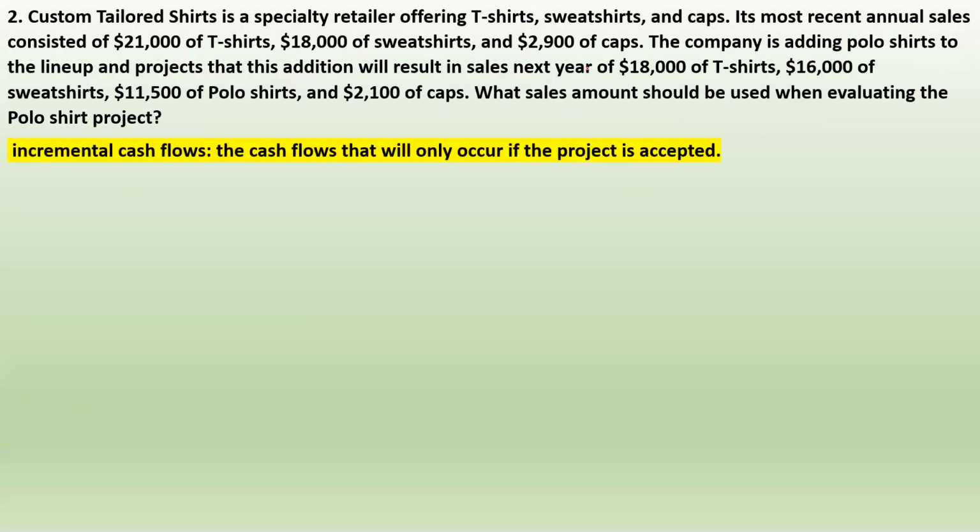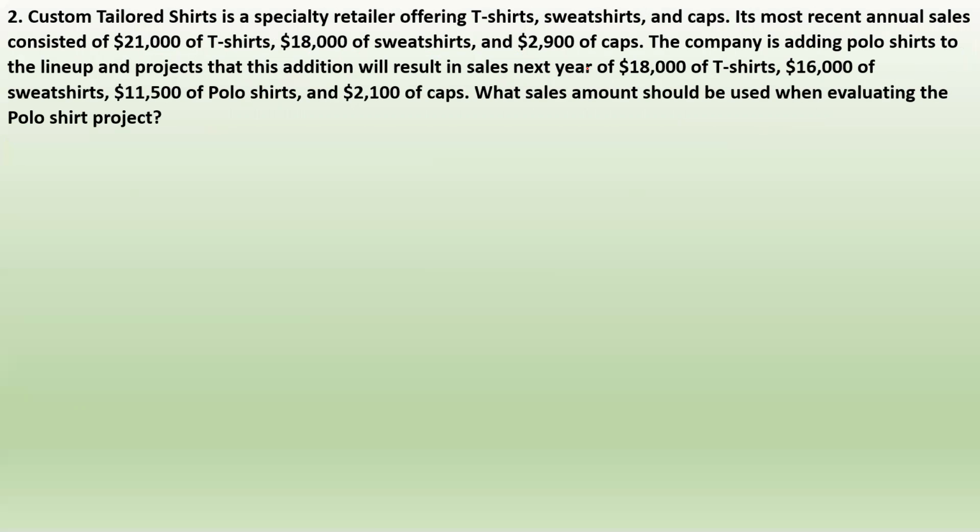The second example, the custom tailored shirts is a specialty retailer offering t-shirts, sweatshirts, and caps. Its most recent annual sales consisted of 21,000 t-shirts, 18,000 sweatshirts, and 2,900 caps.